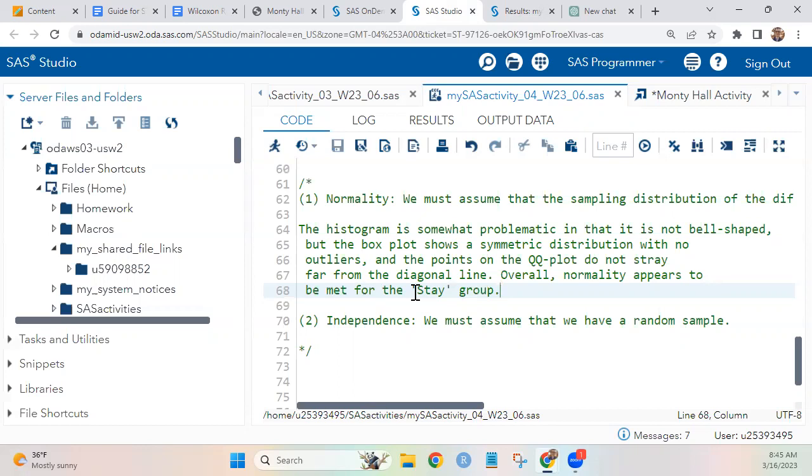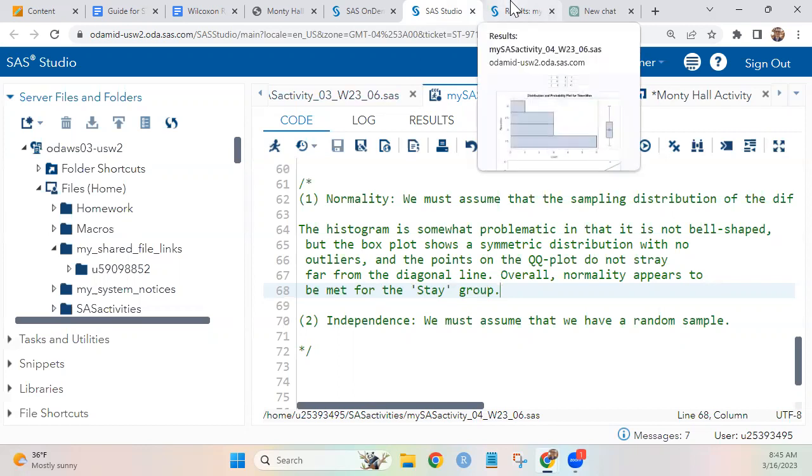Practically speaking, the symmetry is a huge influence over whether the results of the t-test are valid long-term when your sample size is small. Okay, so this looks really good for the first group, but as a reminder, for the two sample t-test, we need it met for both groups in order for the assumption to be met overall.